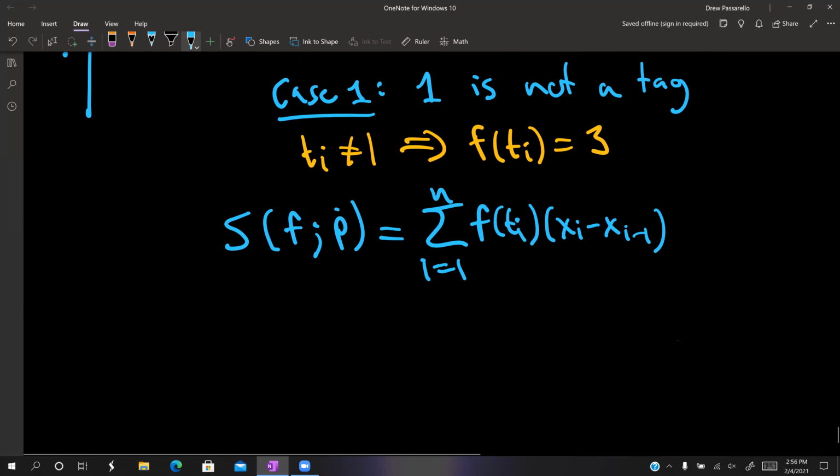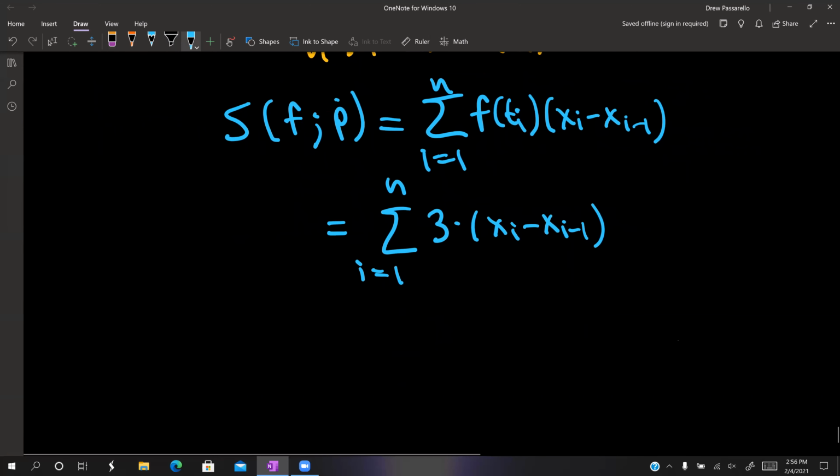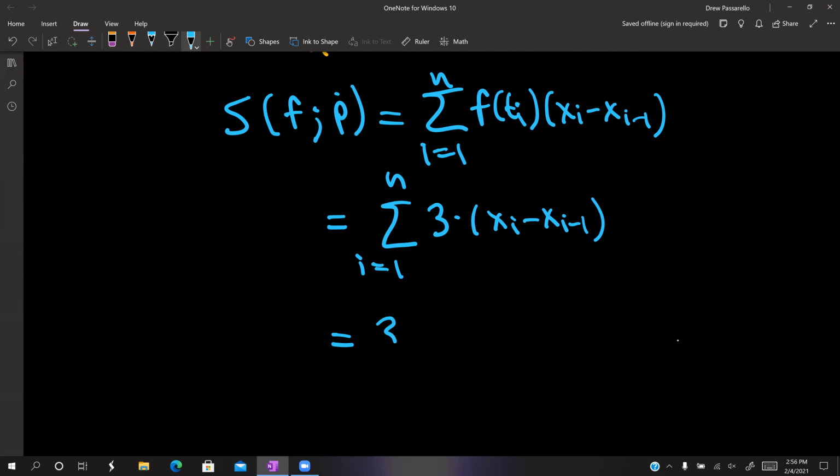is going to be equivalent to the sum of 3 times xi minus xi minus 1, which we know from the previous example collapses so that it's 3 times xn minus x naught.